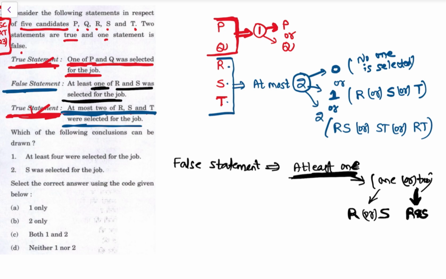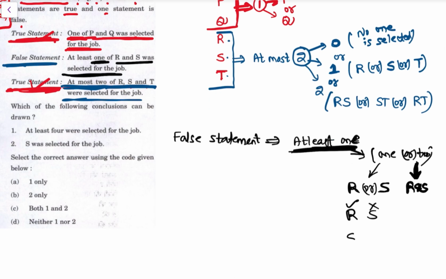So that means if R is selected, then S is not selected, ये भी possibility है. If S is selected, then R is not selected, ये भी possibility है, ठीक है. सिर्फ R select हो सकता है, सिर्फ S select हो सकता है. That's what this means. R is selected and S is not selected, or R is selected and S is also selected. Now see, this is the statement we got.